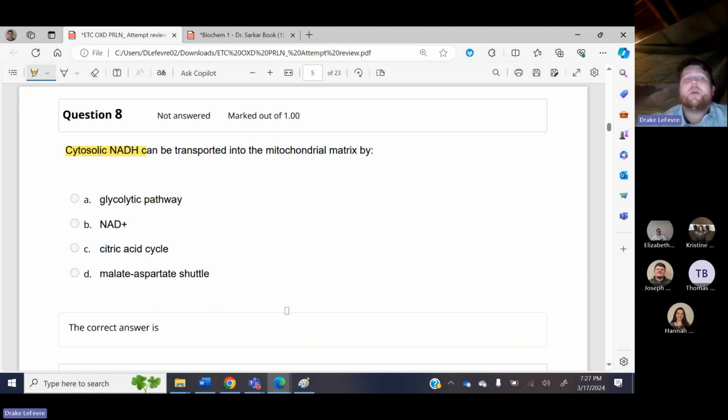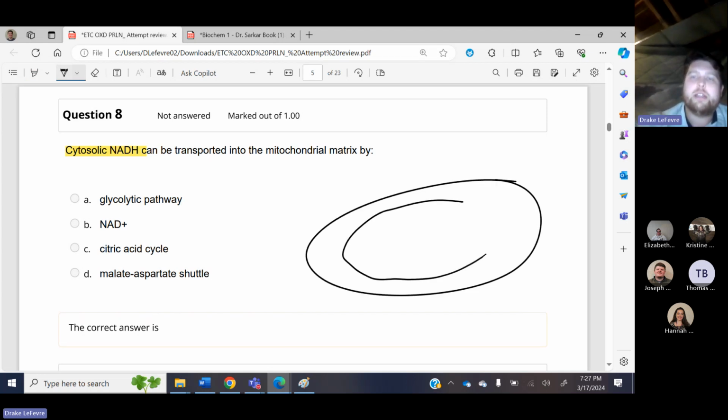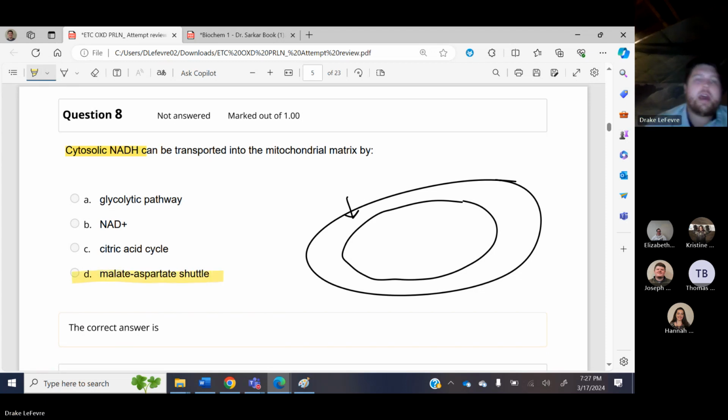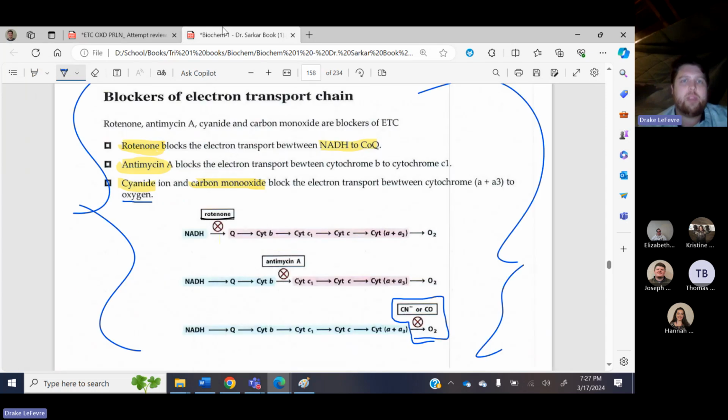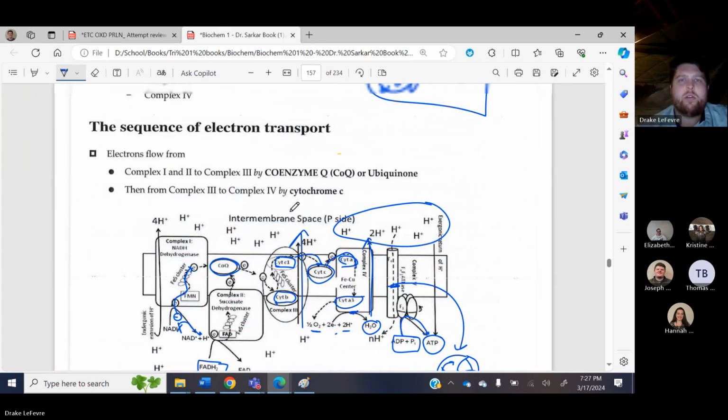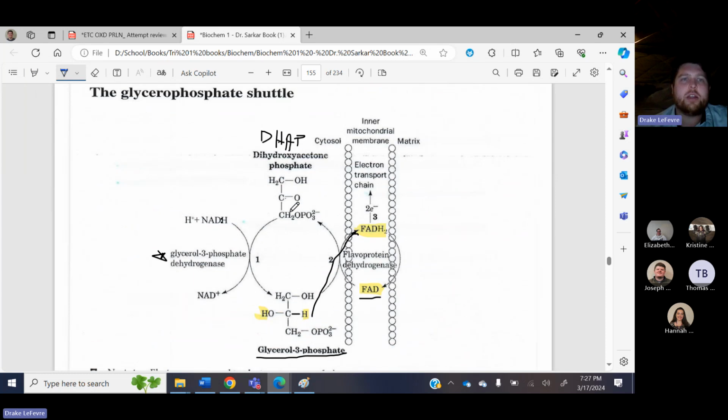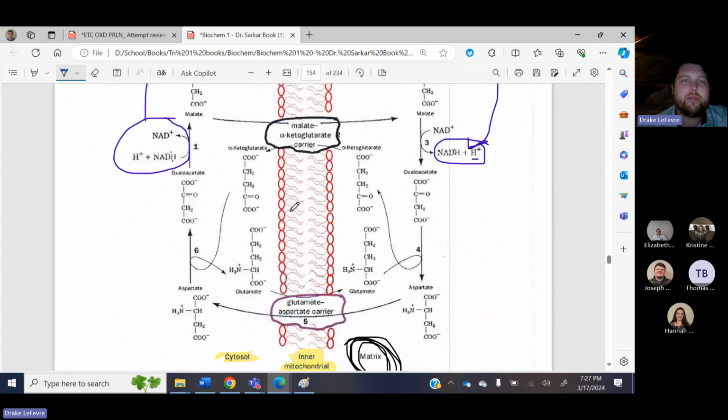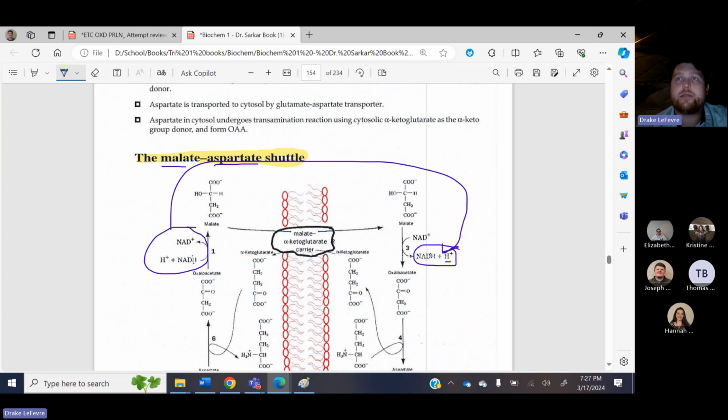As part of that process, we also made a handful of NADH. We want to be able to use that NADH, but it was created out in the cytosol. It needs to be transported into the mitochondria through these membranes. The way we do that is through the malate-aspartate shuttle. Again, this is one of those things you'll want to draw out a couple of times. It looks way more confusing than it actually is.